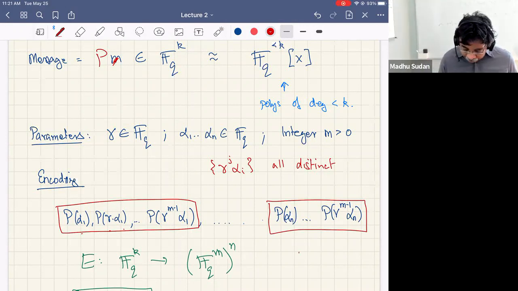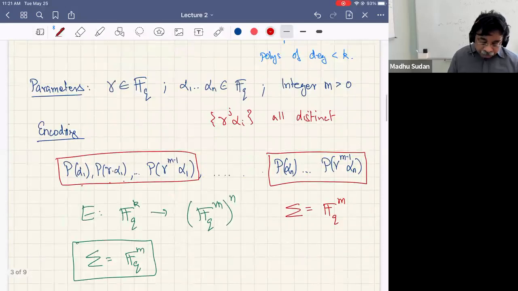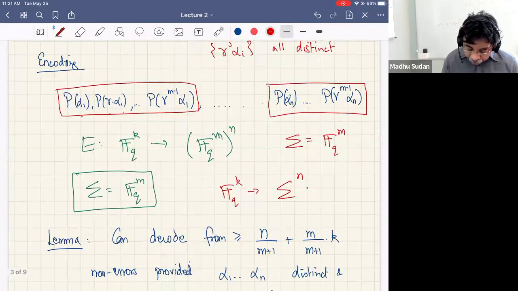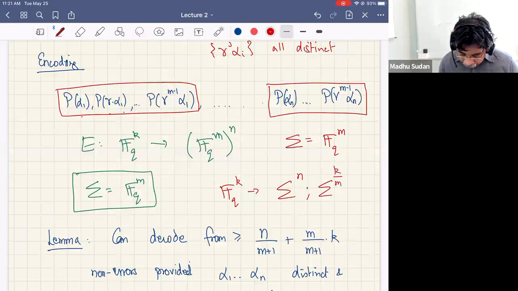So our sigma is no longer F_q, but rather F_q to the m. And so our code maps F_q to the k to sigma to the n, or equivalently sigma to the k over m to sigma to the n.